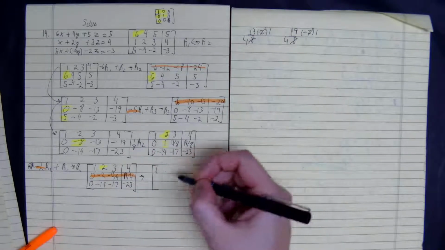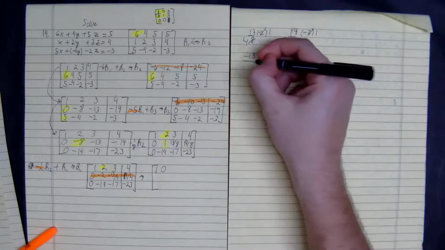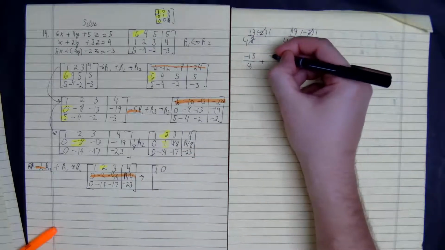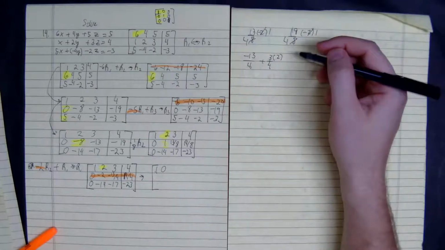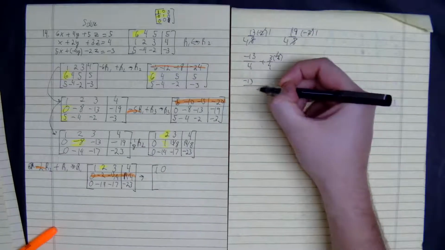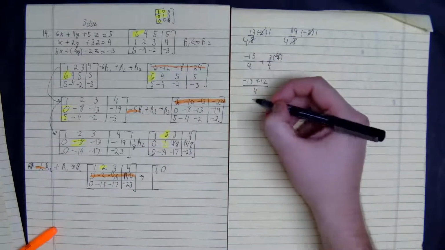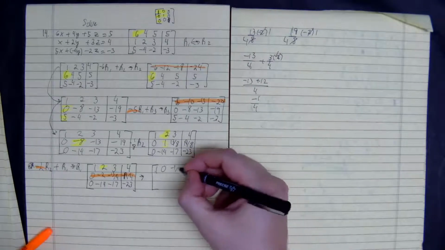0 plus 1, 1, -2 plus that 0, -13/4 plus 3, make it a 4, so this becomes -13 over 4 plus 12, so we get -1/4, good.